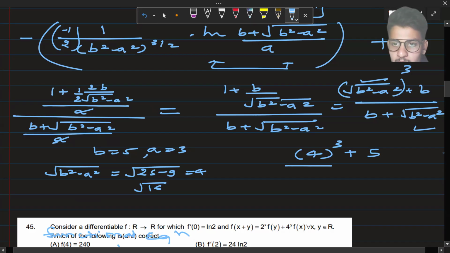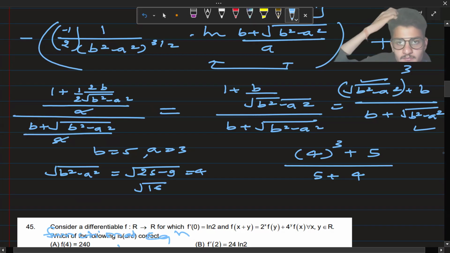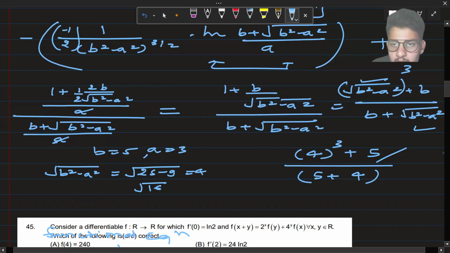plus 5 upon 5 plus 4. Okay, and this value will also be coming here, because when you take the LCM of this part, one will go up and one will go down.